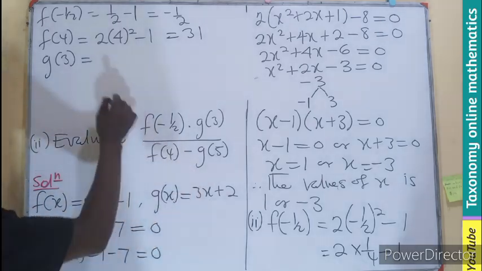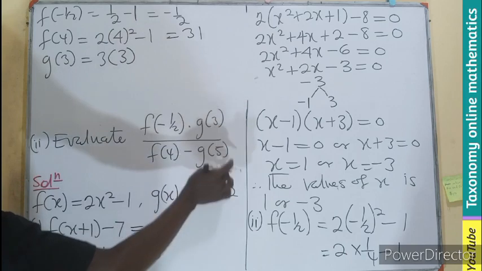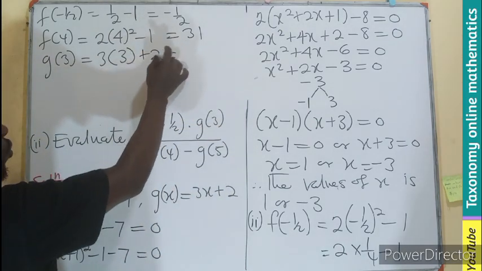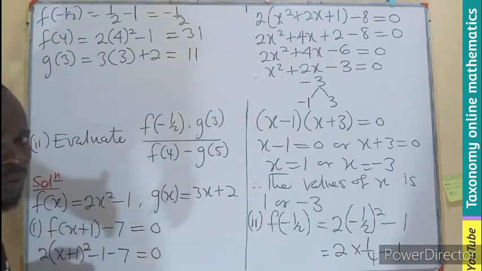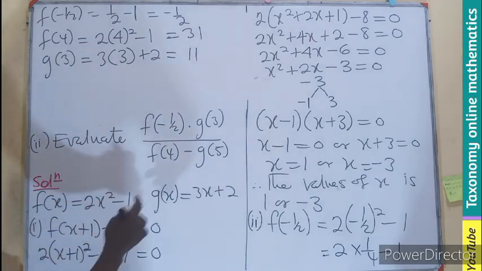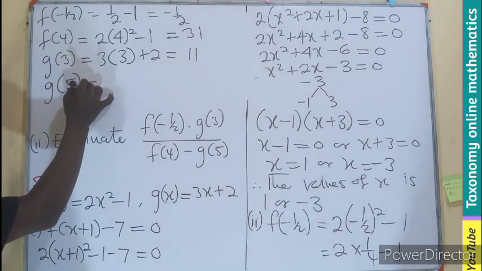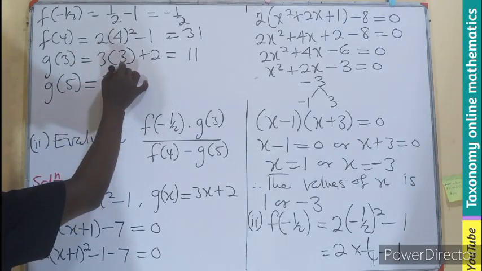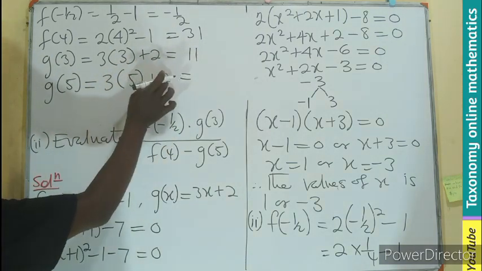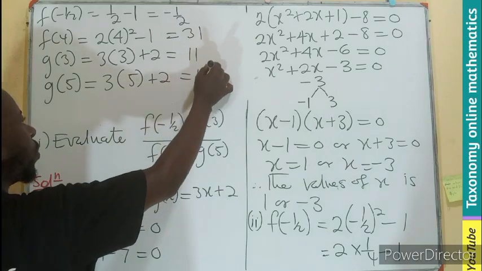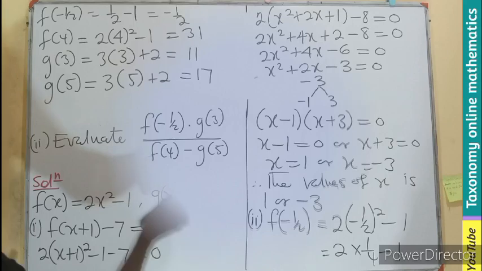What is the function? 3x, and x is 3, plus 2. This will be 9, plus 2 will be 11. Let's take the last one, which is g of 5 equals 3 times 5 plus 2. 15 plus 2, 17.